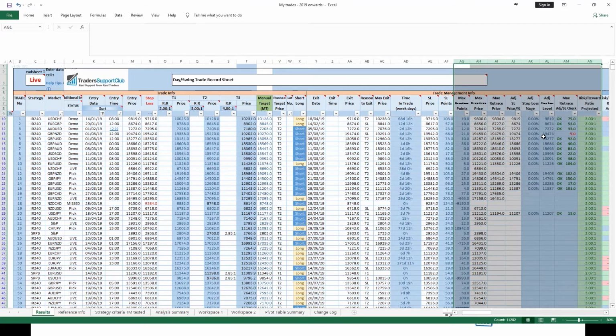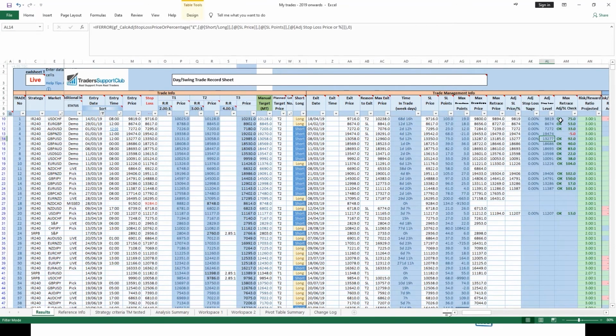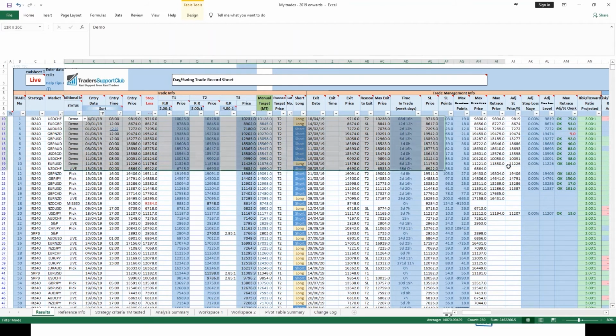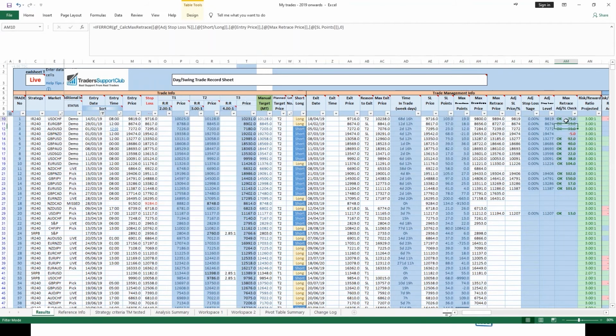What you'll notice here on these first lump of trades, when I was demo trading this before I went live on this particular strategy, is that it was okay to move my stop at a certain point once the trade reached it, apart from one of the winning trades. So all of these trades here, it was fine to move my stop, apart from one of them where it went below it before it hit the target.